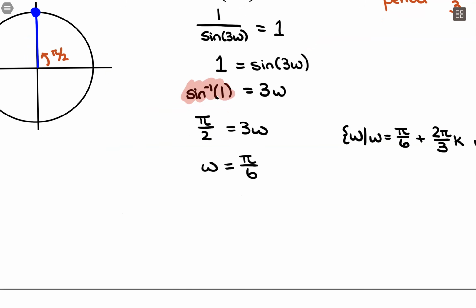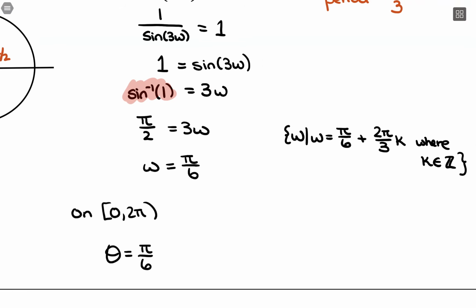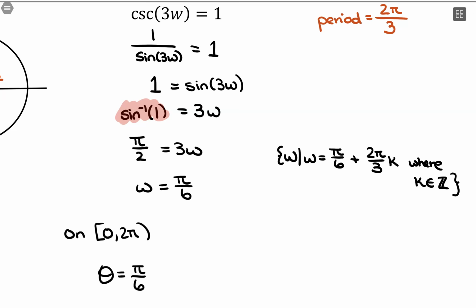To list out the possibilities on 0 to 2 pi, I'm going to be taking that pi over 6, so that's probably going to be our smallest case, and then adding on increments of 2 pi over 3. I'm just going to make that equivalent fraction with a denominator of 6, so with that I need to multiply by 2. So we're adding on 4 pi over 6.